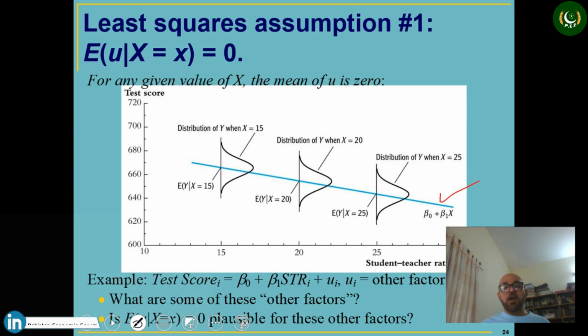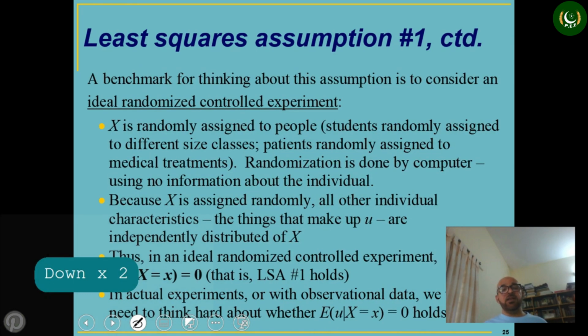We'll discuss in chapter 5 what happens if there is heteroscedasticity. The ideal situation, which is not available in most observational data and in economics, is that you should have randomized controlled trials.